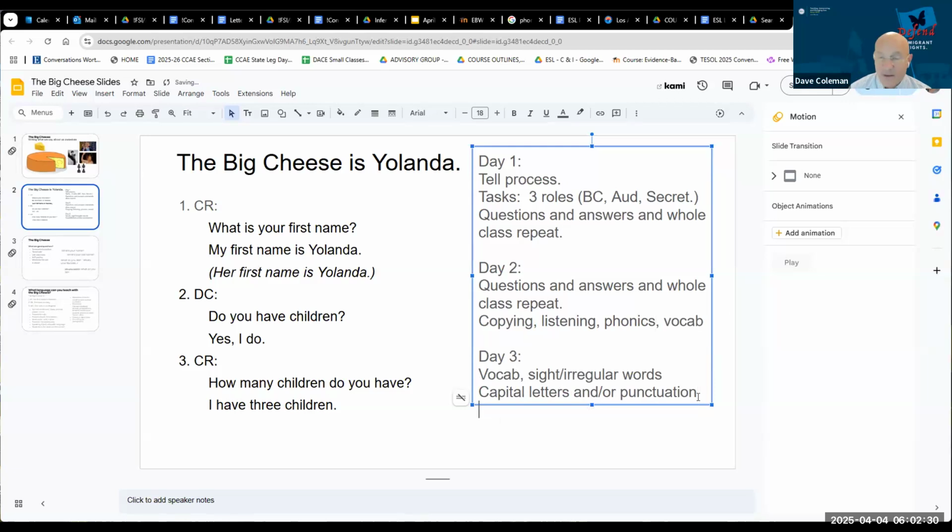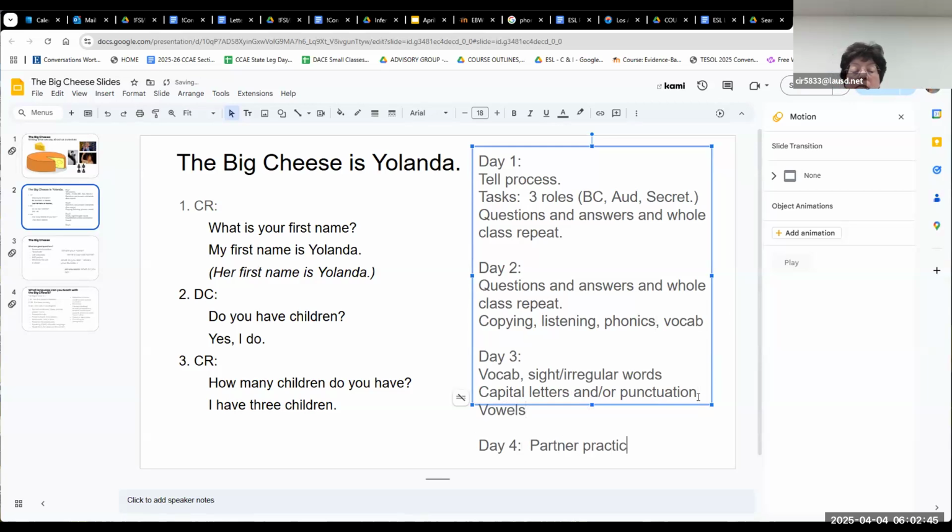I like that. You're right. Vowels. Okay, so day 4, what could we do? What else? Maybe partner practice, so that one person plays Yolanda and the other person asks the question.